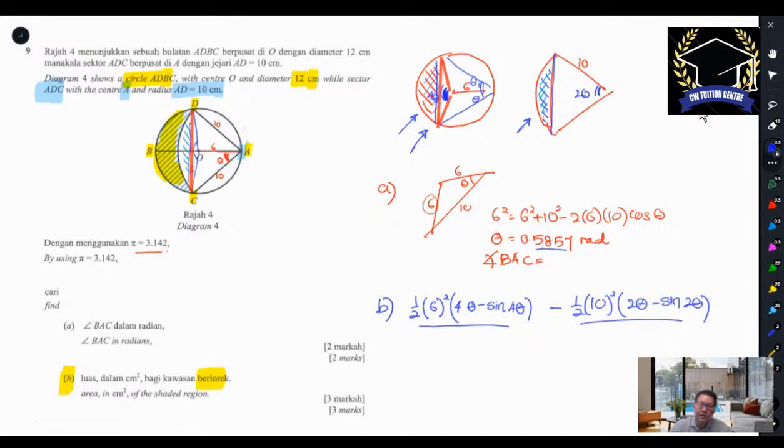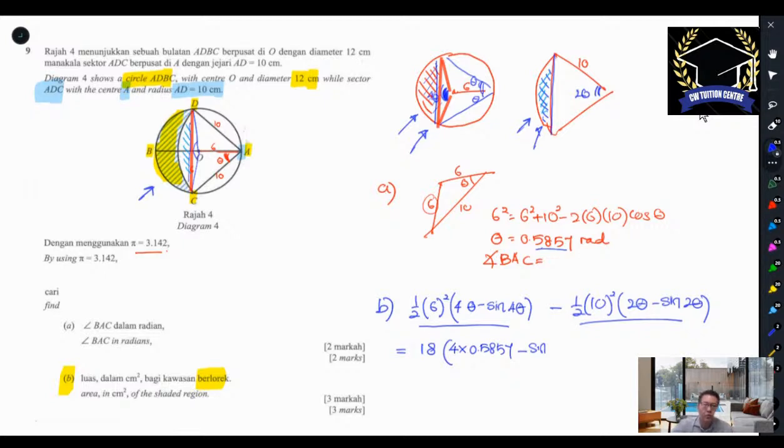This part is this one. When we minus off, you will get the shaded area. So it is 18, 4 theta, okay, 4 times 0.5857 minus sine 0.5857.